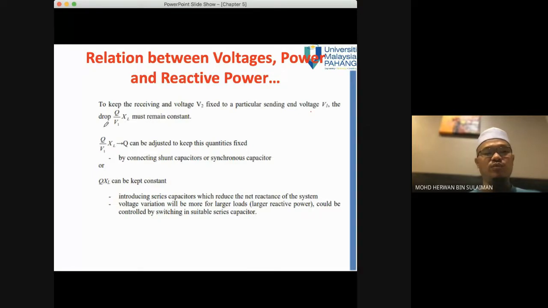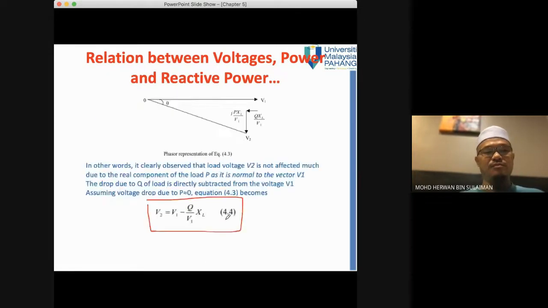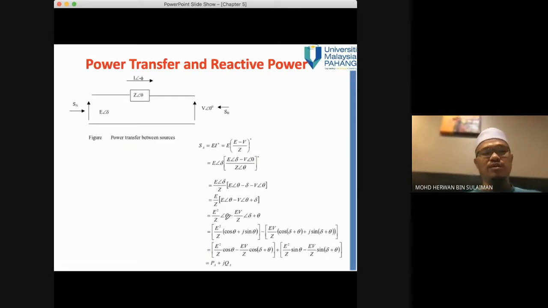So what we can do here is adjust the Q to keep the quantity fixed by connecting a shunt capacitor, or we can make sure that QXL is kept constant by introducing a series capacitor, which reduces the net reactance of the system. Voltage variation with larger loads could be controlled by switching in a suitable series capacitor. Okay, that is the relation between voltage, power, and reactive power.